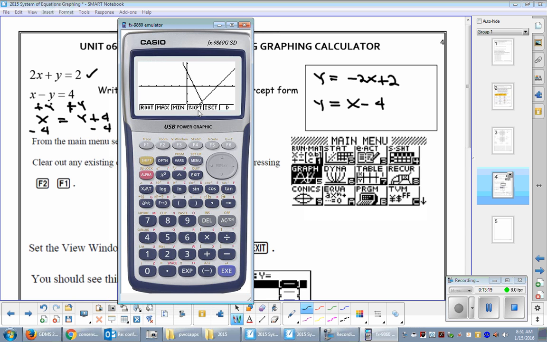Sorry, to get the intersection, we have to use ISCT, that's your intersection. So you have to press F5, and that will give you the intersection, which is 2, negative 2.